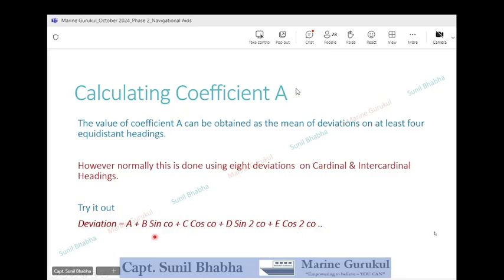So in this formula, if you put the compass heading as 0, get the result, then second time you put the value as 90, third time you put the value as 180, fourth time you put the value of compass heading as 270. Once you get the answers and you take a mean, you will see that all the other coefficients B, C, D and E will get cancelled out. The only coefficient which will remain is coefficient A.